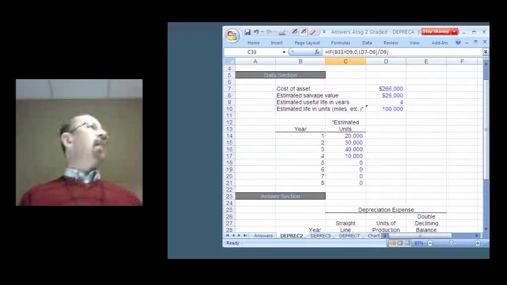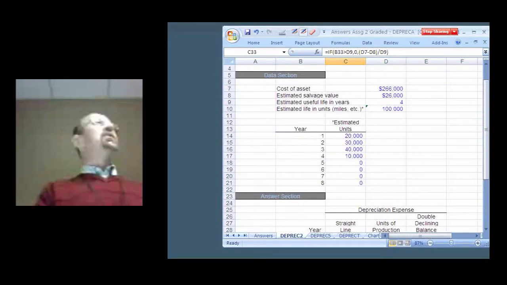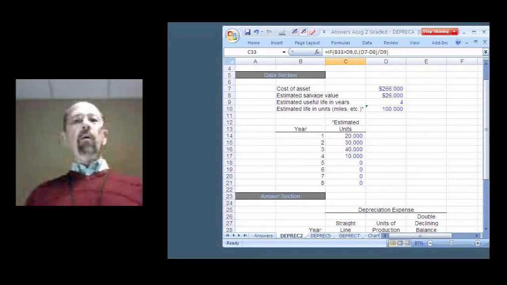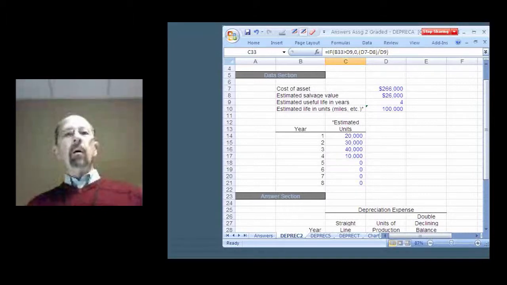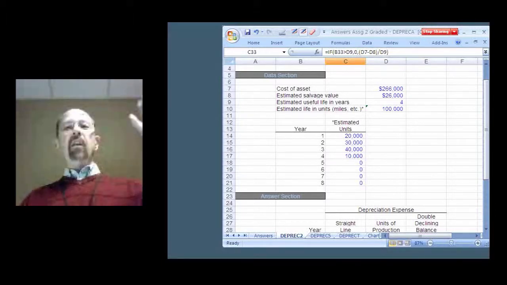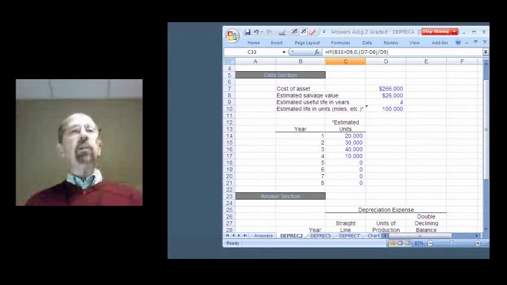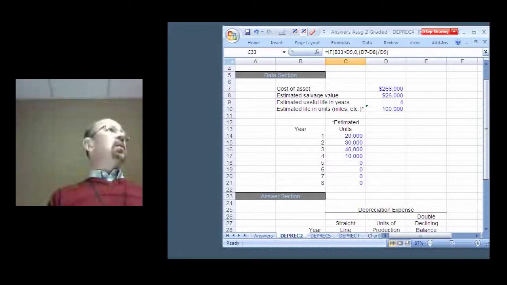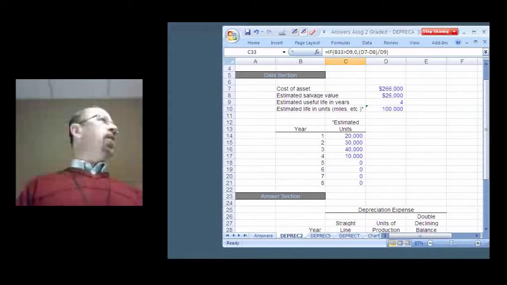So they're saying if the current year we're at is less than 4, put down, or is greater than 4, I'm sorry, is greater than. So you see that sign, that's greater than. If B33, the current year we're in, is greater than 4, put down 0. Because there won't be any depreciation in the 5th year.